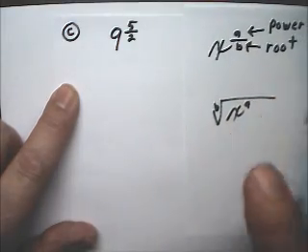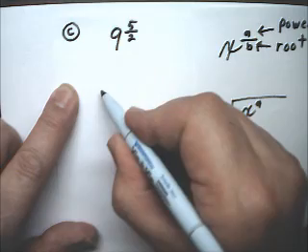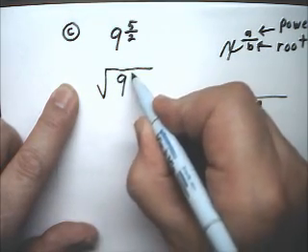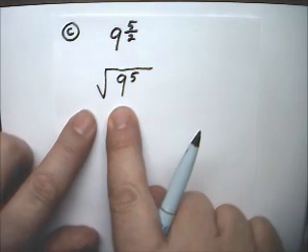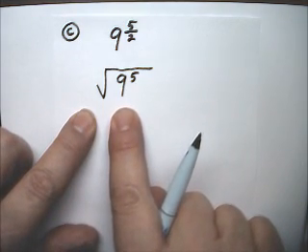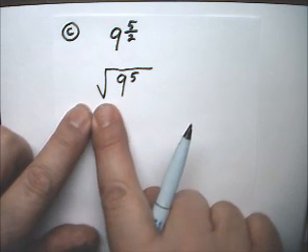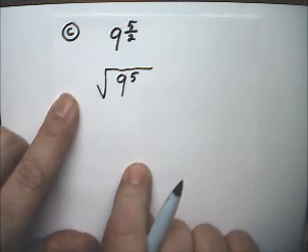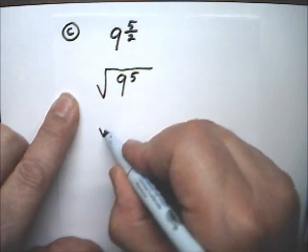So this is going to be the square root of 9 to the 5th power. Now you can do this on a calculator. Just do 9 times itself 5 times, and then take that answer and push the square root key, and you'll see what this is. Now you don't have to do it that way.